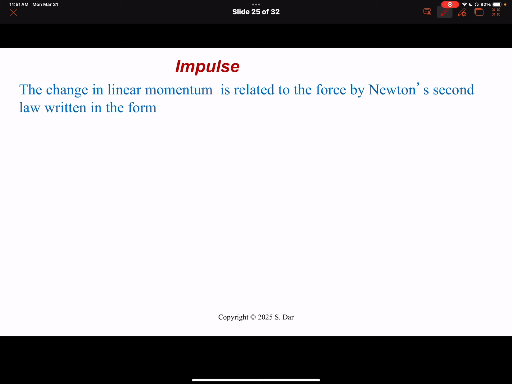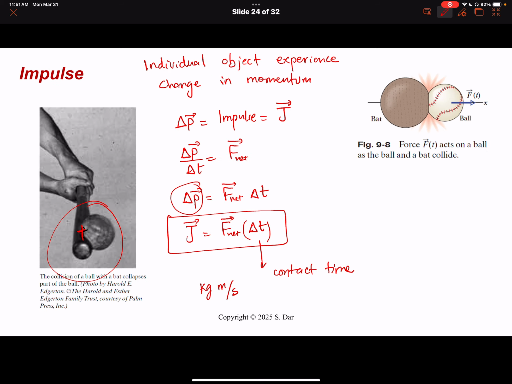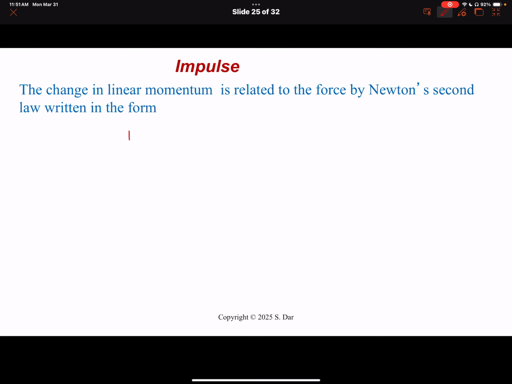What if momentum is given as a function of time? Instead of delta P, we use dP over dt. In that case, change in momentum is F dt.